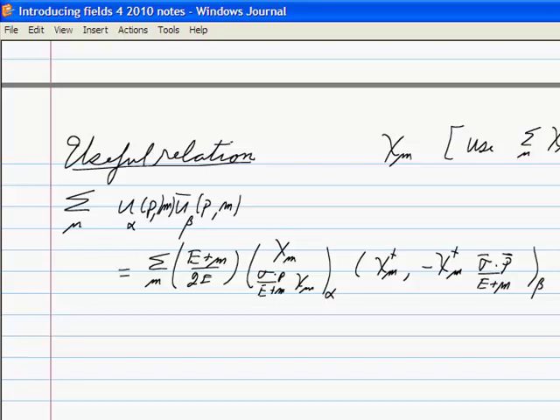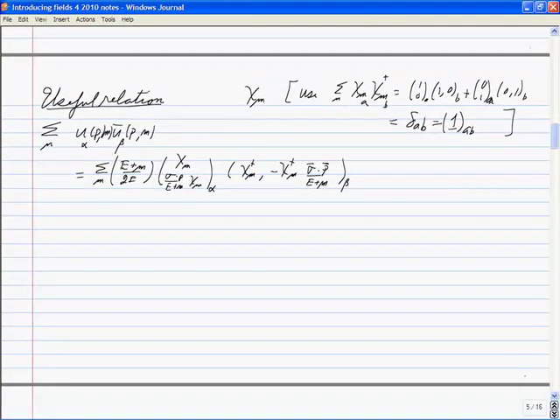Okay. So if you think of this like a big matrix, the upper two components here are just the sum over chi's, which is like the 2x2 unit matrix there. And then the sum over chi's also work there.